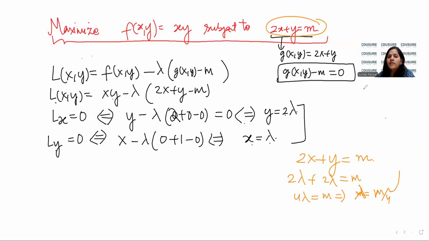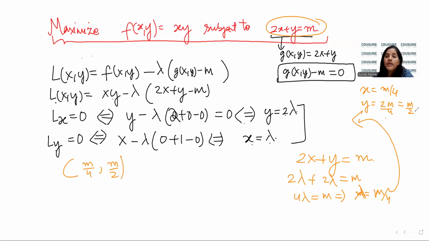So from here, we are going to get x equals m by 4 and y equals 2m by 4, which is going to be m by 2. So the optimum value occurs at (m/4, m/2). So this is how we apply the method of Lagrange multiplier to calculate maxima or minima of a function of two variables with respect to an equality constraint.